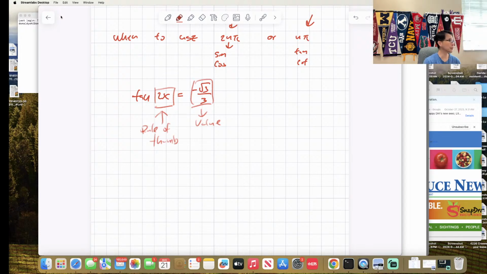Oh, do you guys know where rule of thumb comes from? No. It's really bad, by the way. You should look at the origin of the rule of thumb. It's actually horrible. Can I look it up? You can. He's looking it up right now.